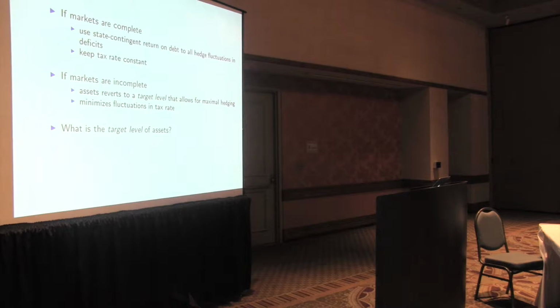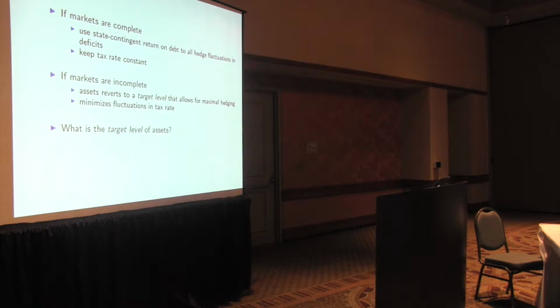What we'll have is something different. In our world, markets are incomplete, so you cannot keep taxes constant. But what we find is that there is a tendency of the assets to revert to a particular level. I'm going to call that the target level, and it has a particular feature: it is the level of assets that maximizes the hedging possibilities for the government, and accordingly minimizes the fluctuation of tax rates.